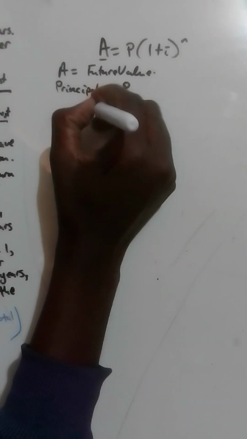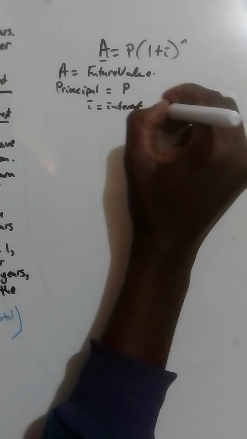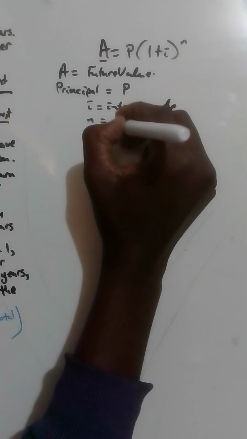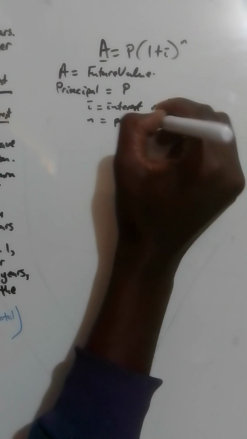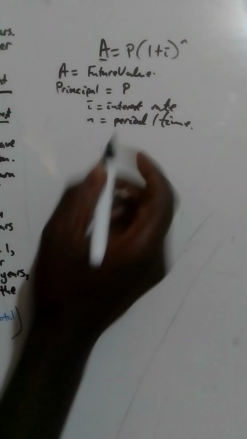Then letter i stands for the interest rate. And then last but not least, letter n stands for the period or time.